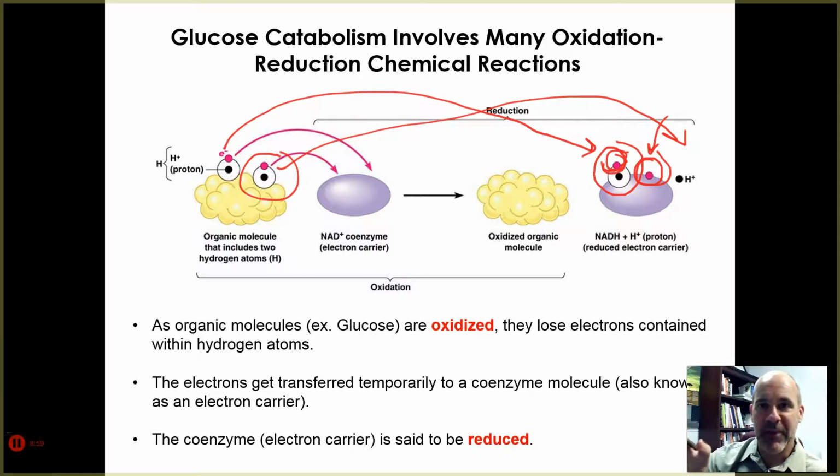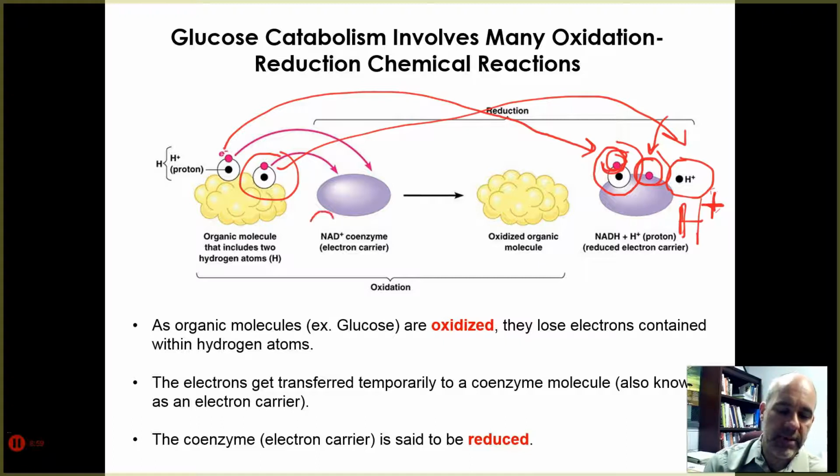So if the electron from that other hydrogen atom has bonded to NAD, you basically just have that proton left over, and that proton is also essentially a hydrogen ion, a positively charged hydrogen ion that we write like that. And that one remains unattached to the NAD.